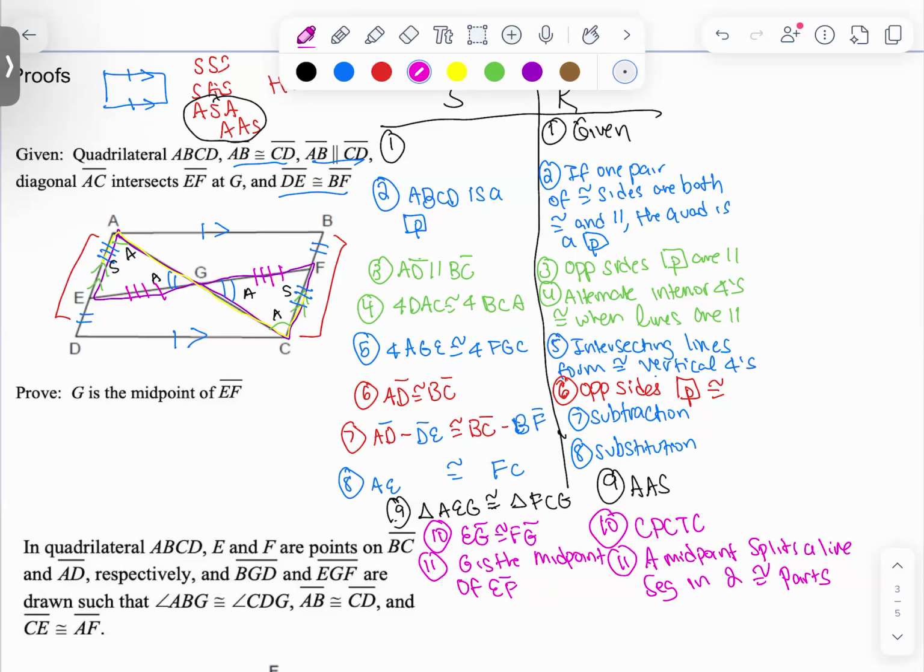And that's what we just showed is happening. We just proved that EF is being split into 2 congruent parts, EG congruent to FG. And we're all finished.